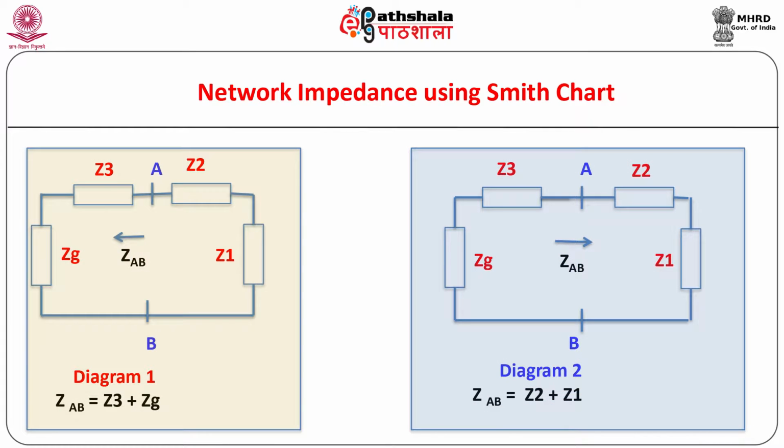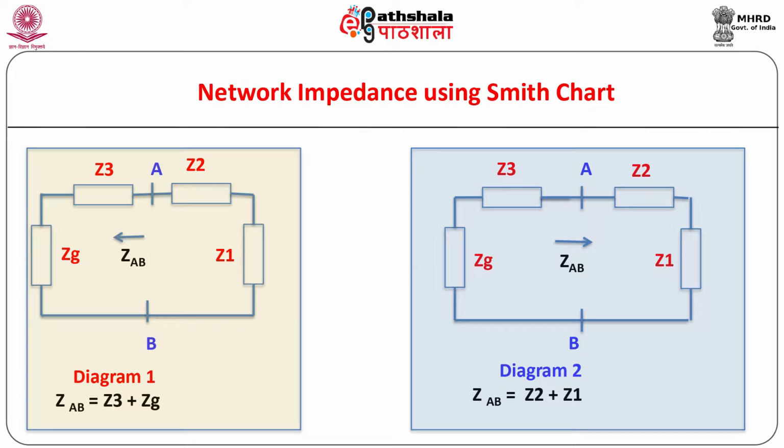Many a times, while specifying the network impedance, the phrase 'as seen from so and so terminals' is used. To remove the ambiguity, if any, an arrowhead can be found to be used indicating the direction of measurement of the network impedance.